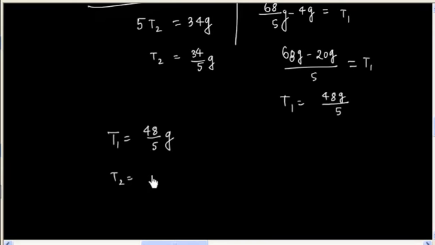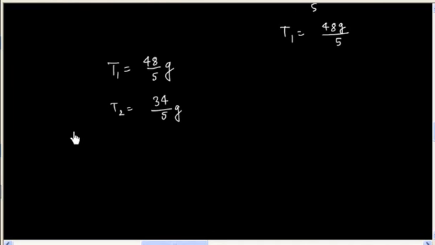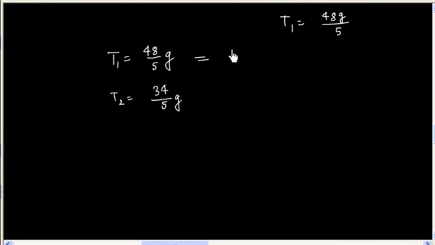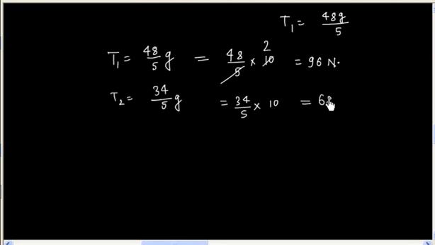T1 is 48g by 5 and T2 is 34 by 5 into g. So let us plug in the value of g. So tension T1 becomes 96 Newton. Similarly T2 becomes 68 Newton. So this is about the calculation of T1 and T2.